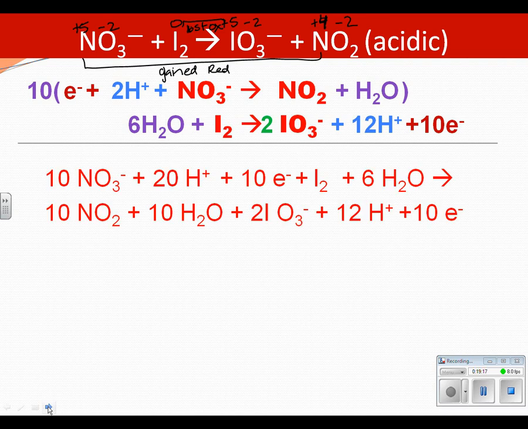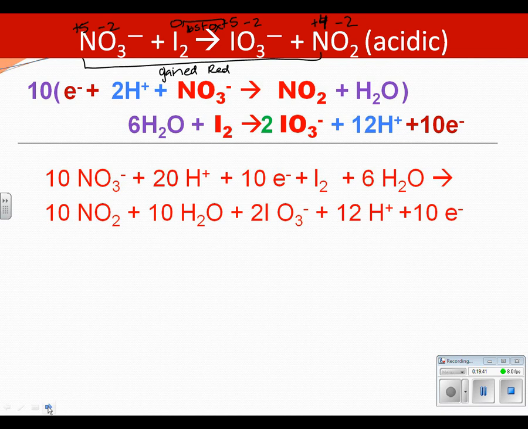So I get 10 of my nitrate ions, 20 of my hydrogens, 10 electrons, plus iodine, plus 6 waters, yields 10 nitrogen dioxides, plus 10 waters, plus 2 iodates, and 12 hydrogens, plus 10 electrons.